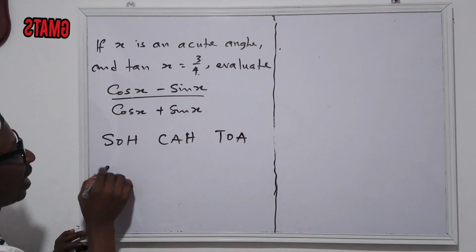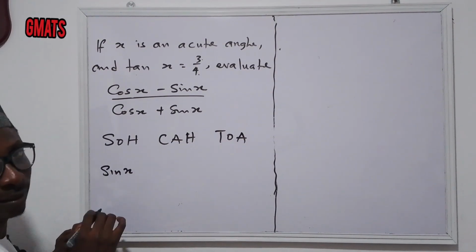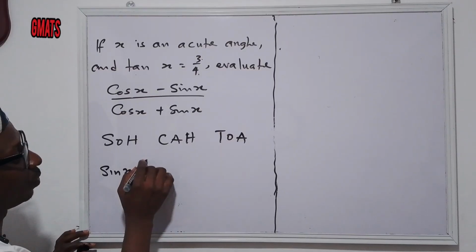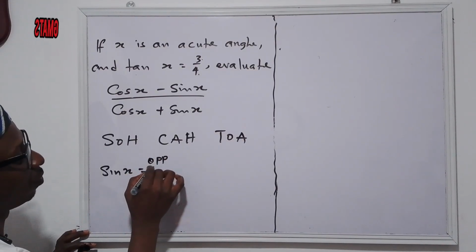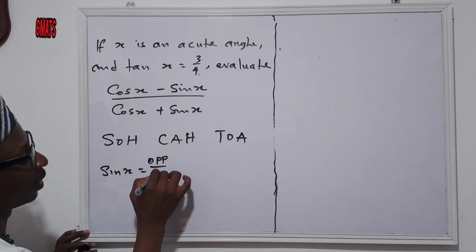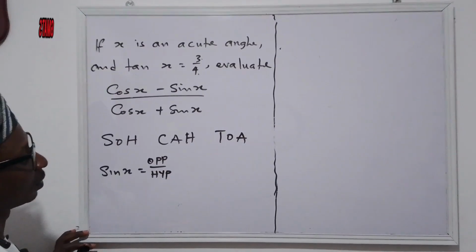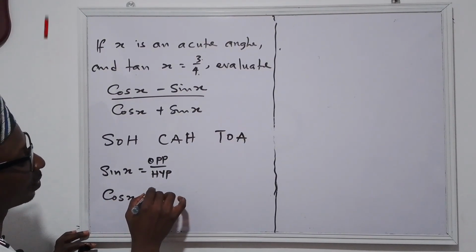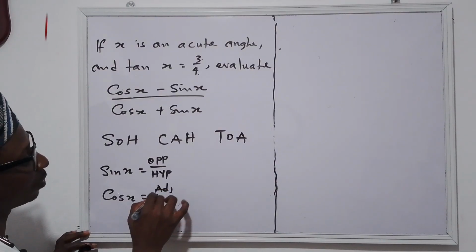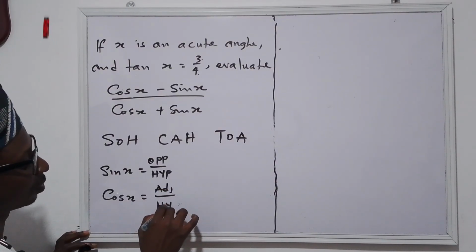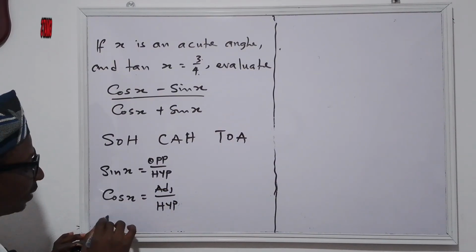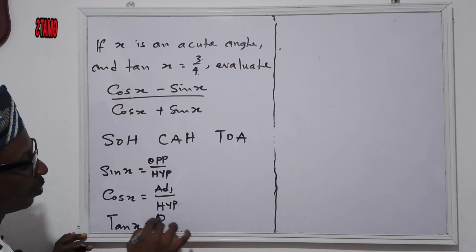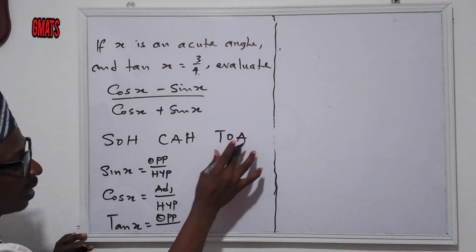So sin x is the same thing as opposite over hypotenuse, cos x is adjacent over hypotenuse, and tan x equals opposite over adjacent.